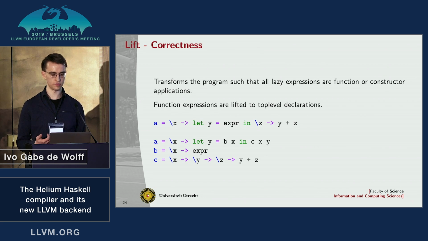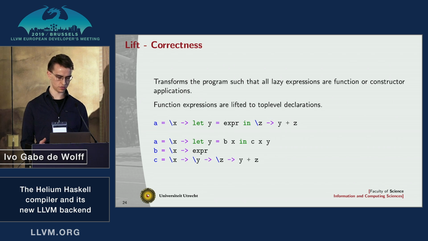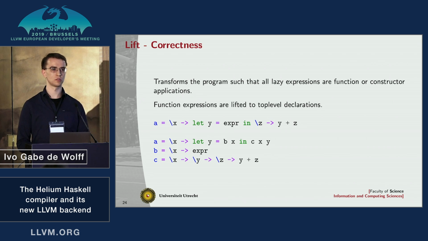Then we have the pass lift, which is important for the correctness of the compilation to Iridium. In Iridium, we only allow arguments on the top level. So what we must ensure is that all function expressions are also on the top level of a declaration.